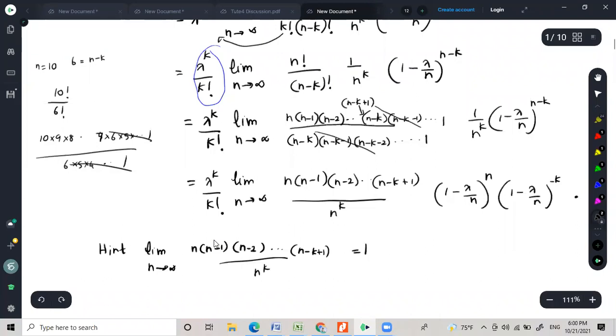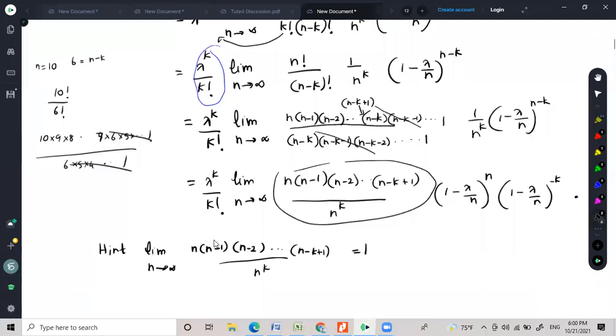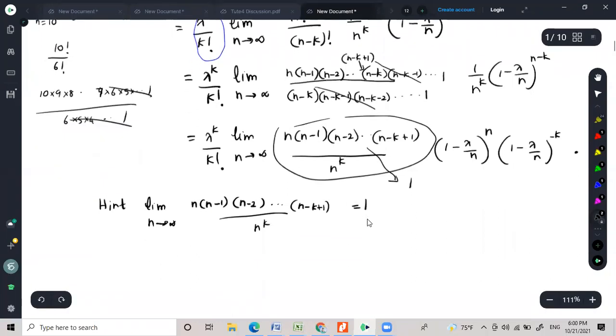Okay, so the limit of this whole expression is 1. So that means if you take the limit of this whole quantity, it goes to 1 when n goes to infinity. So you can replace this whole thing with 1 when n goes to infinity. So that part is solved.